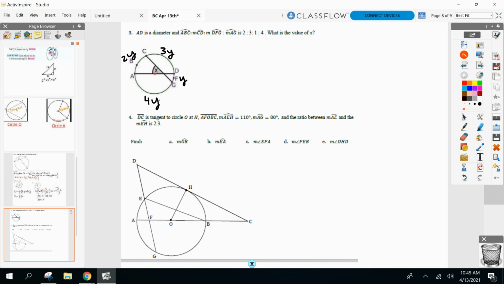Now, some of you may be ahead of me and say, can I just do 2y plus 3y equals 180? Yeah, because that's a semicircle. AD is a diameter. You could do 4y plus y equals 180. That's a shorter way too. All right, I'm going to take all my arcs, add them up and set them equal to 360.